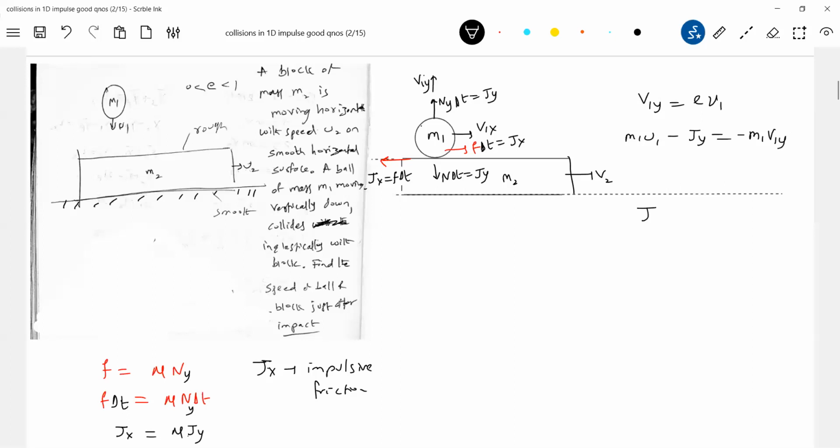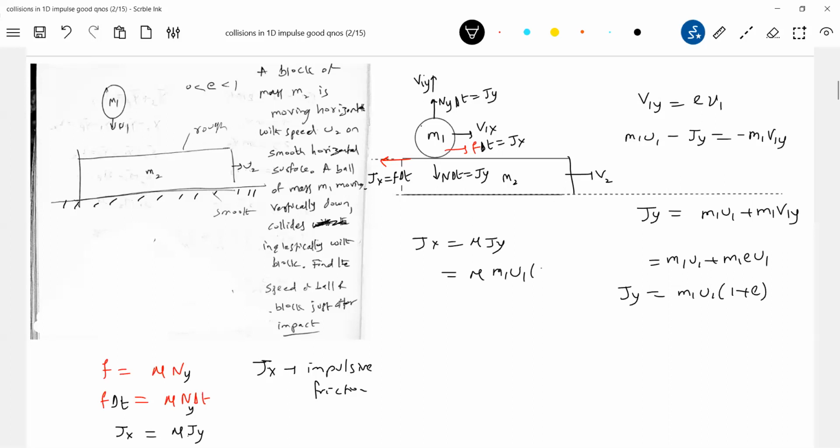So I get Jy equal to m1 u1 plus m1 v1y. Substituting v1y equal to e u1, Jy is m1 u1 (1 plus e). Then what is Jx? As we know, Jx equals mu Jy, so mu into m1 u1 (1 plus e).